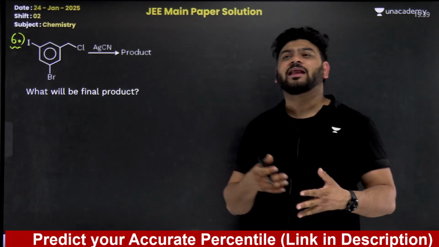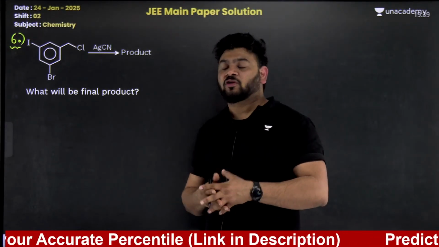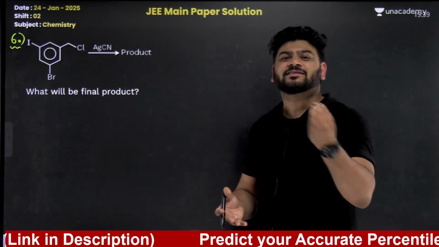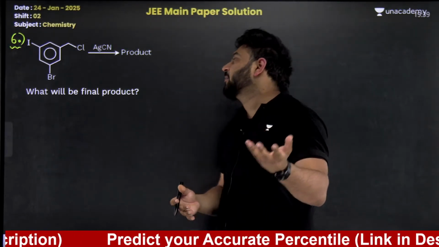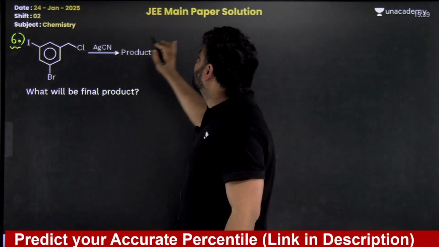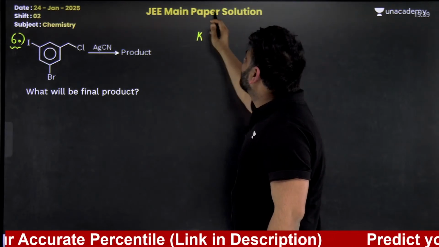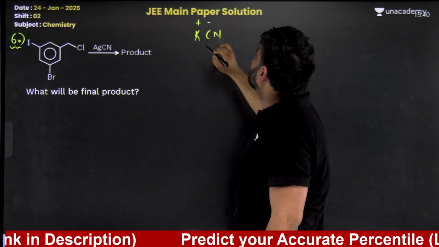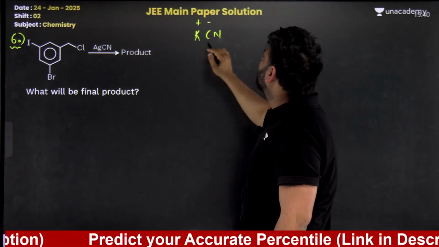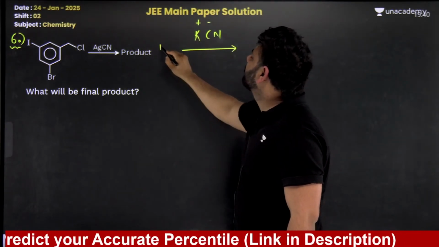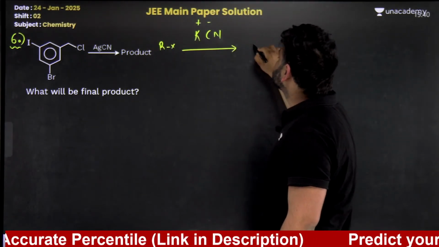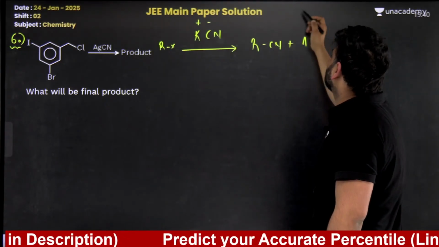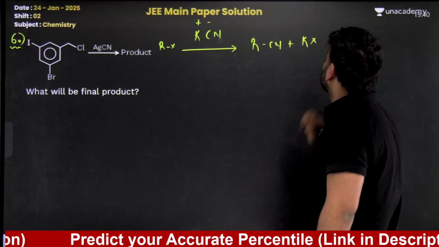Okay, so alkyl halide easily undergoes nucleophilic substitution rather than aryl halide, because aryl halide has a double bond character, which doesn't let this reaction happen easily. So AgCN, we have two things here, everyone. In KCN, we have K positive, cyanide negative. So whenever this attacks on RX, as we study, it gives you RCN as a product along with KX.